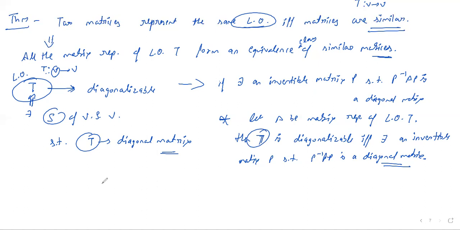Now let's look at an example. I have a linear operator T, and E and S are corresponding bases of the vector space R square, going from R square to R square.